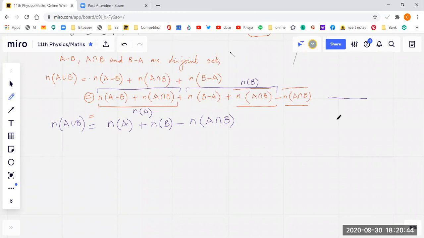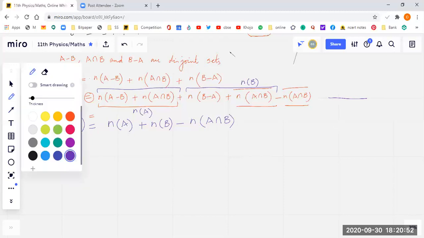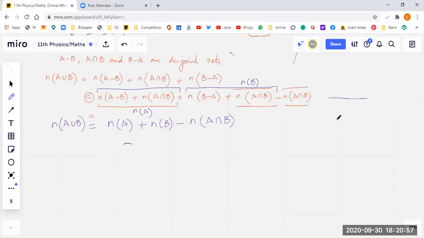Now, if we go further, students, let's assume A, B, C. These are finite sets. These are some finite sets.